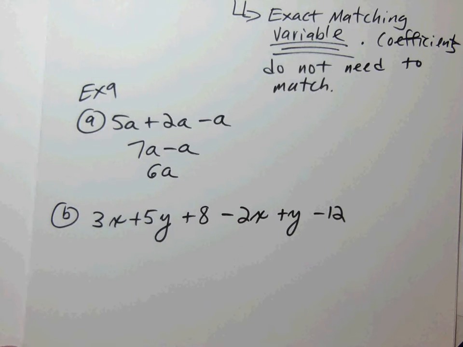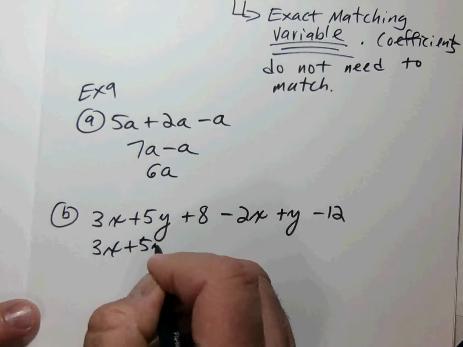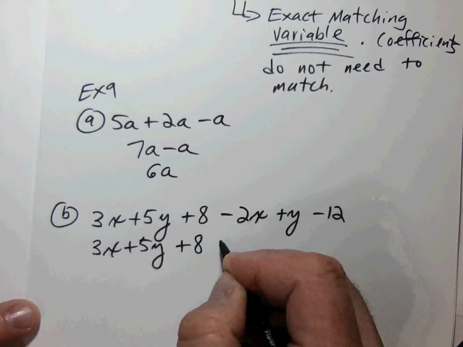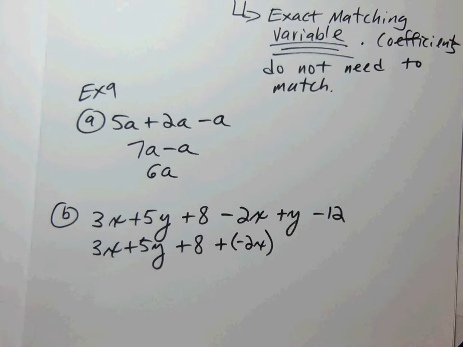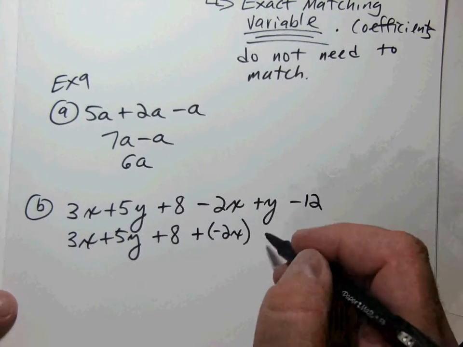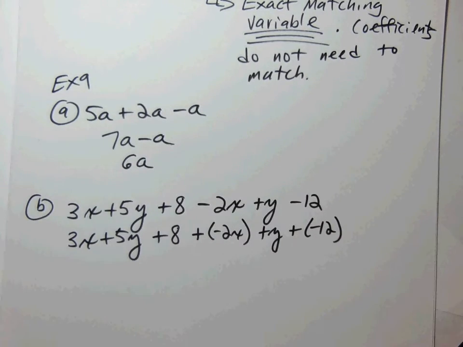Here's where I try to make the argument to not go through and do all those changes to add the opposite. You can, okay, and I understand this is new to you. But to me this is an unnecessary clunky step here, because now it's plus negative 2x instead of minus 2x. And now it's plus negative 12 instead of minus 12, okay?